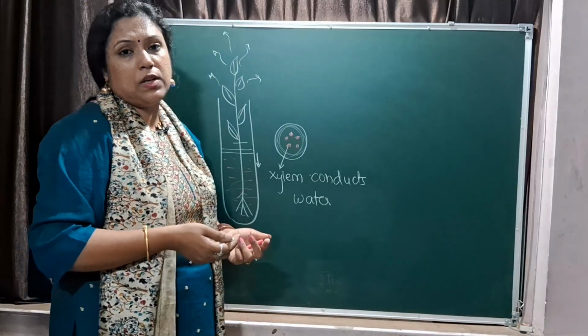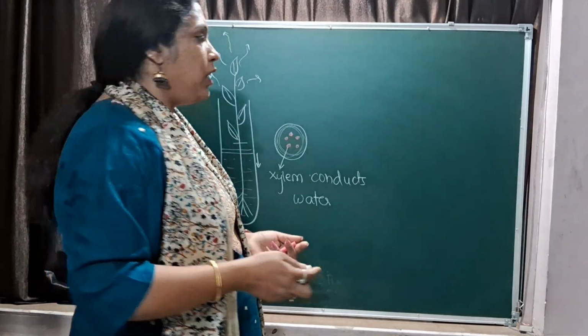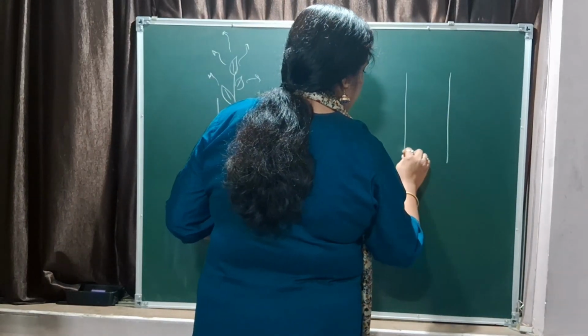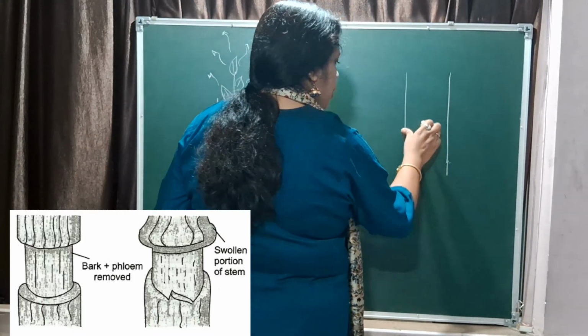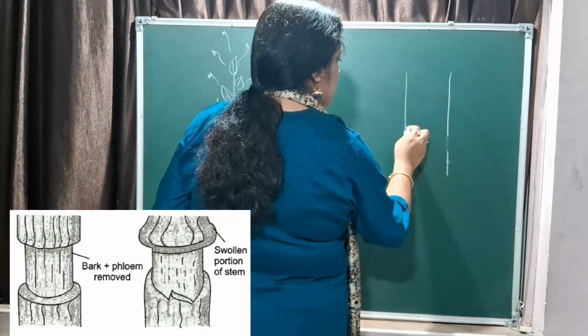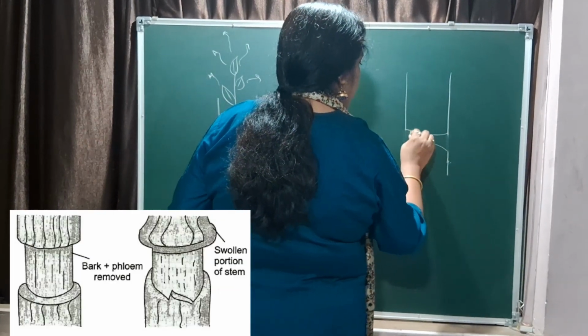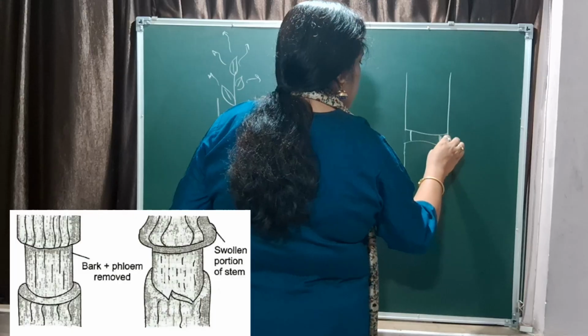There is an experiment of girdling in which a tree trunk is taken and a portion of the trunk is cut, only from the outer side. There is a smaller inner segment.